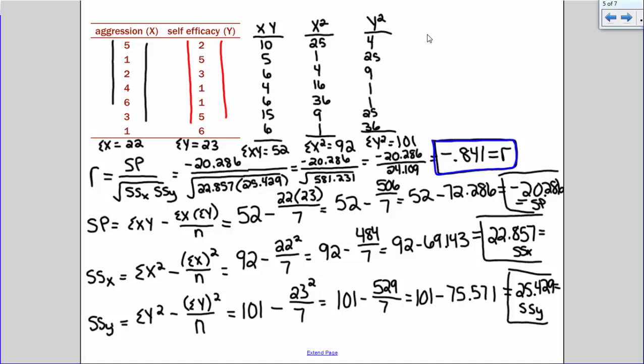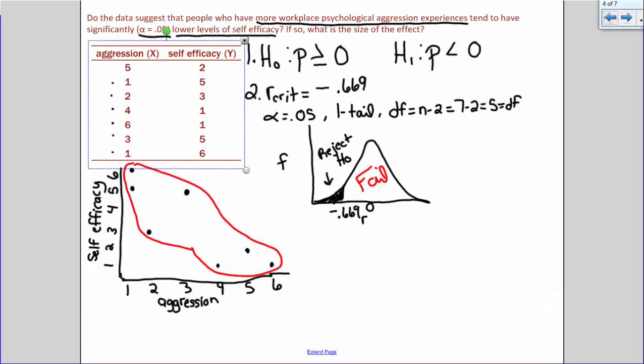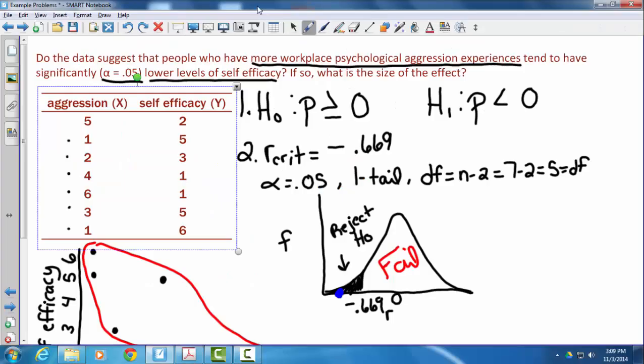Then we go back and ask, does that value fall in the critical region? And negative 0.841 is right here. So we will reject the null hypothesis. Let me go ahead and just type it in.